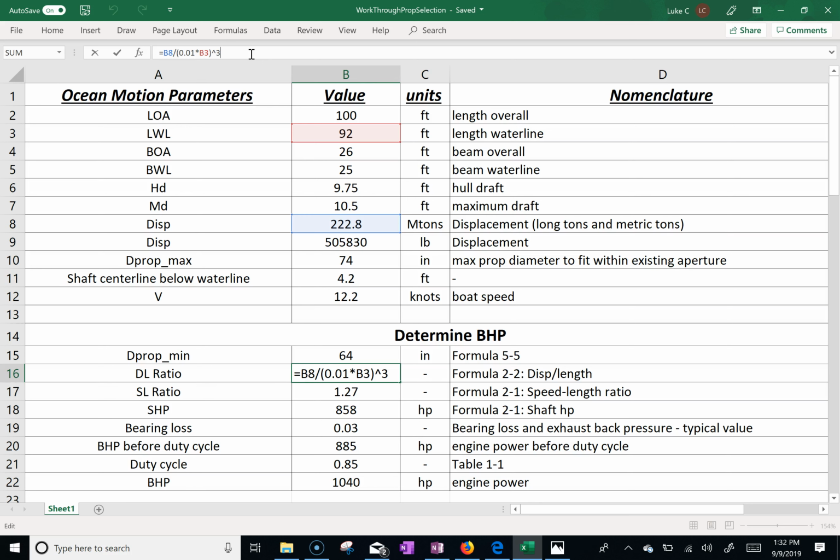So the DL ratio, that's what we're working on, right? Is, what do we have? Displacement divided by 0.01 times WL to the third.